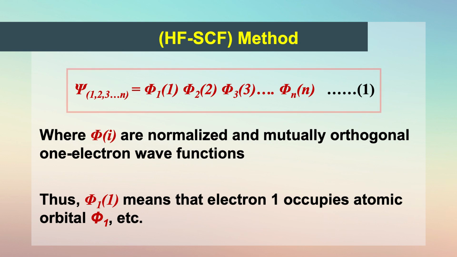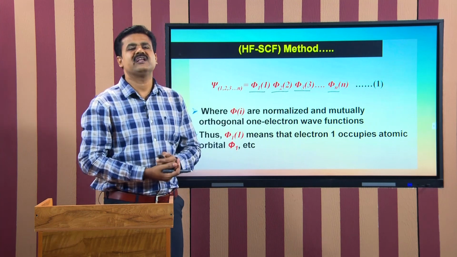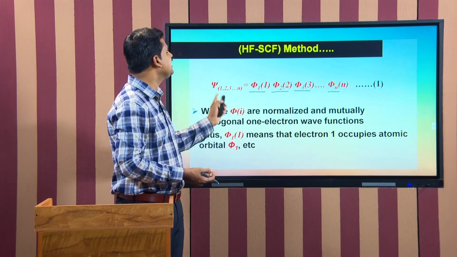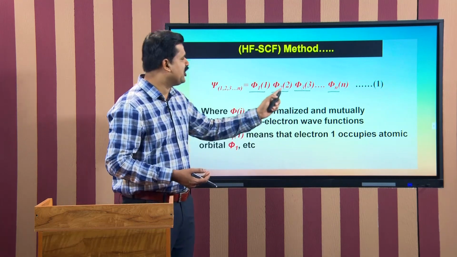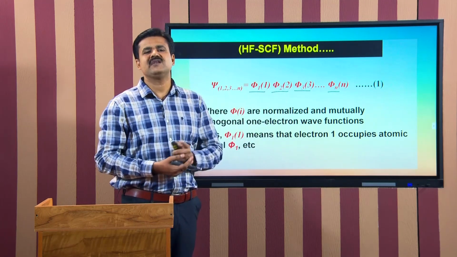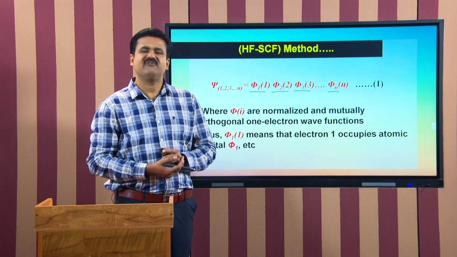That is, psi of 1, 2, 3, etc. up to n equals phi 1(1), phi 2(2), phi 3(3), etc. up to phi n(n). And all these are one-electron wave functions. Here it is clear that the phi i are normalized and mutually orthogonal one-electron wave functions.